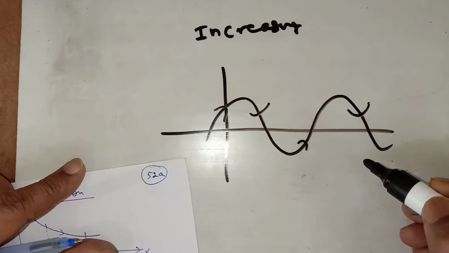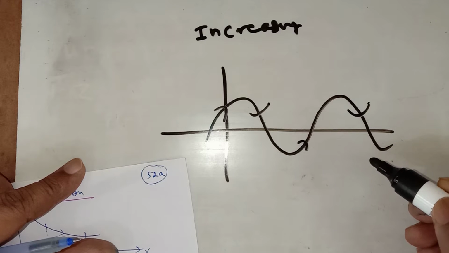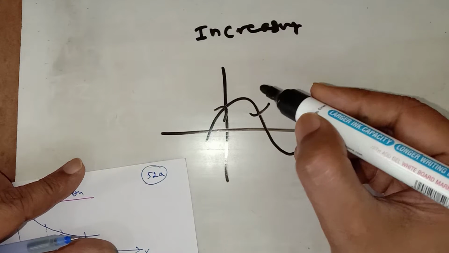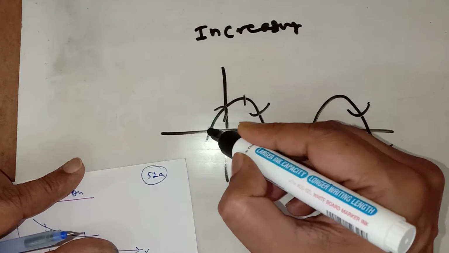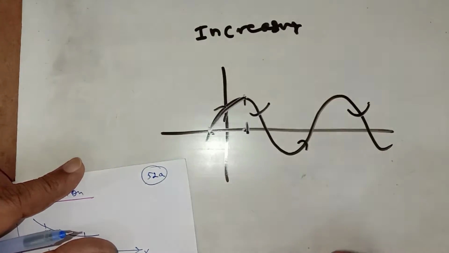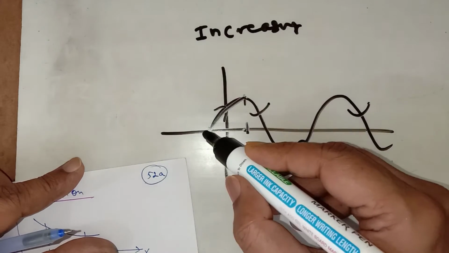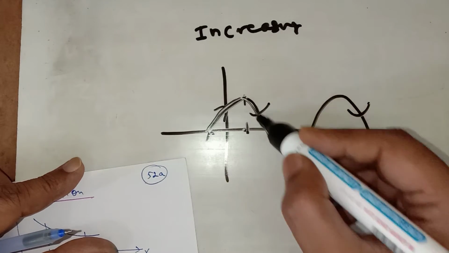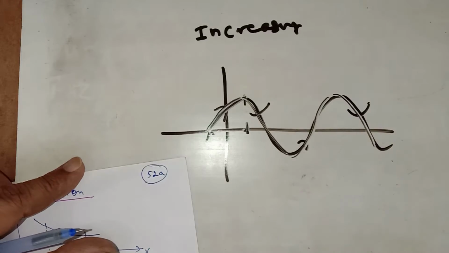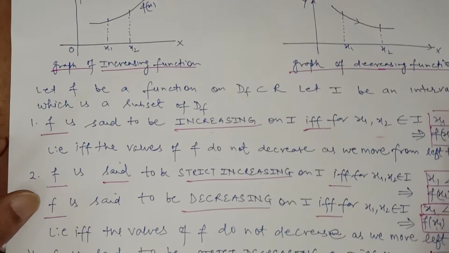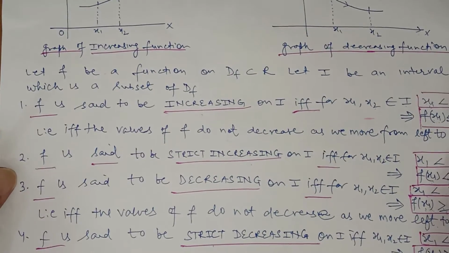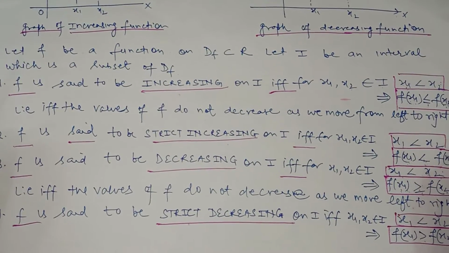Suppose we take an interval from this point to this point. Over this interval it is strictly increasing. But over an interval where it increases, then decreases, then increases, then decreases, and so on, we say it is only increasing or decreasing. But if in a particular interval it is strictly increasing, then we say that it is strictly increasing.